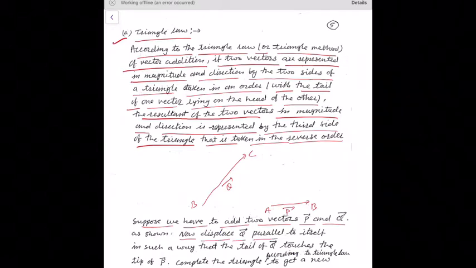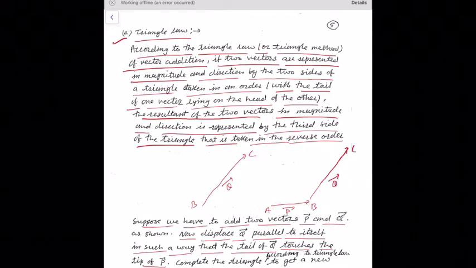Now displace Q vector parallel to itself in such a way that the tail of Q vector touches the tip of P vector.